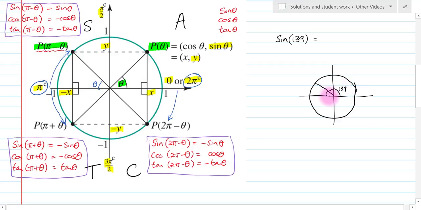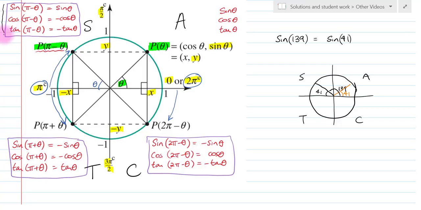And from that, to get to 180, I have an angle of 41. So we know that sine of 139 is equivalent to that 41 there. So it's equal to sine of 41. And sine, of course, is positive. So it stays as positive 41. We can relate any angle, or you can use this idea here, as long as you identify the quadrant it's in first and then use the appropriate setup.